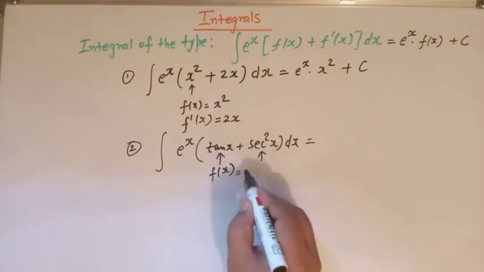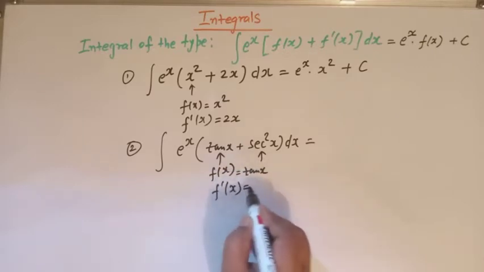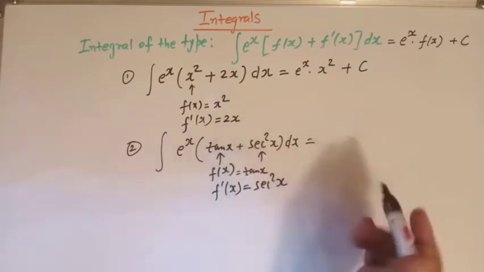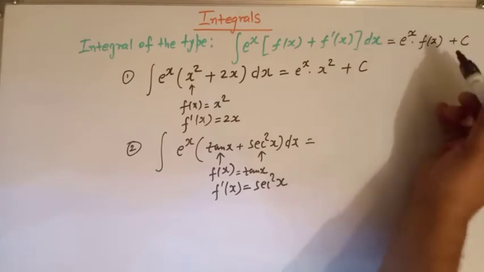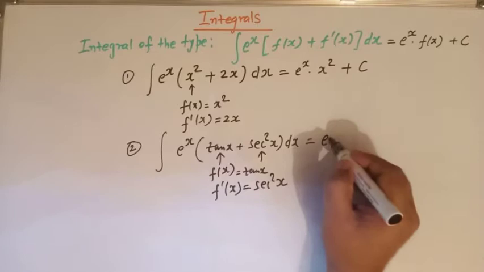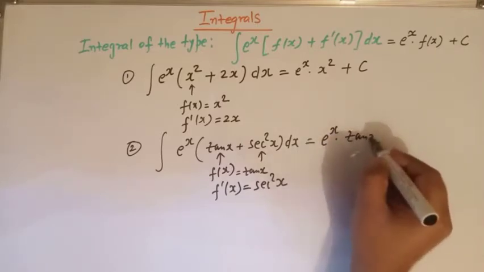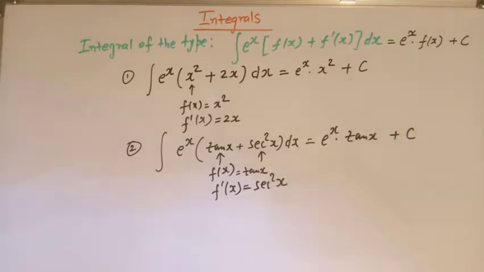So if f of x is 10x, then its derivative is sec square x. So the integral of this function can be directly written by this formula, that is e raised to x times 10x plus c. c is the constant of integration.